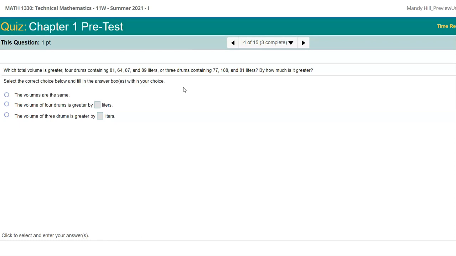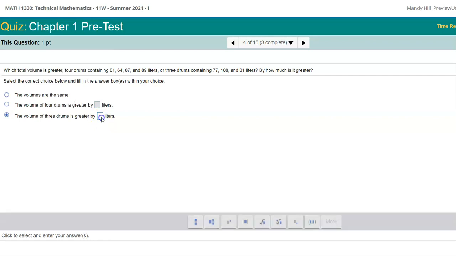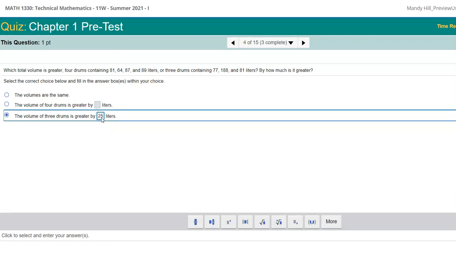Or 3 volumes that contain 77, 188, and 81. That gave me 346. So the three volumes that contain 346 is bigger than the 321. I would need to subtract 346 minus 321, and that's 25 liters.